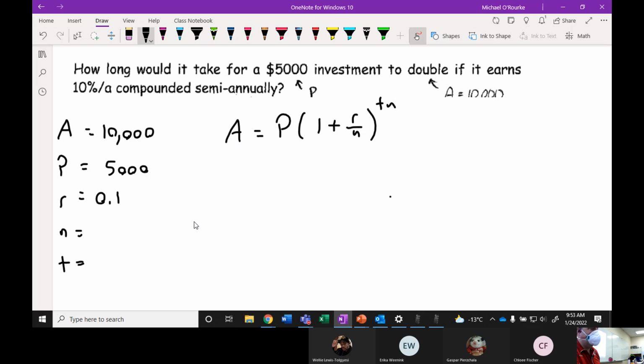Wait, but we have the rate. We do. What do we want for the end? What number would it be? 2. Well, we don't have T. We don't have T to figure this one out. I don't like this question. Uh-oh, let's not do it then. Wait, what's R?